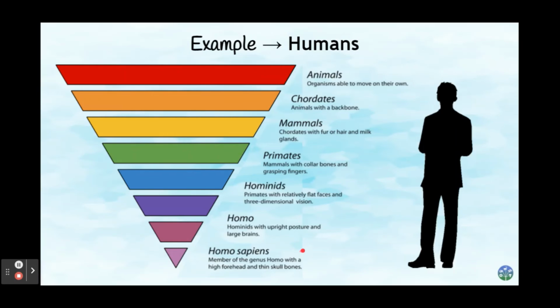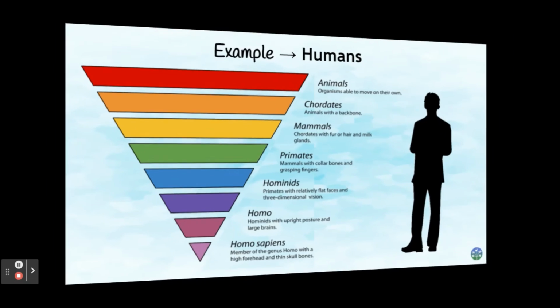And then finally, Homo sapiens, humans, the members of the genus Homo with a high forehead and thin skull bones. So as we go down this upside down pyramid, it gets more specific. First it was just animals, then animals with a backbone, then animals that have fur, hair, and milk glands, and then animals with collarbones and grasping fingers, and so on. And that's what taxonomy does.